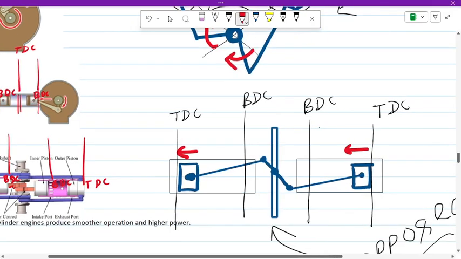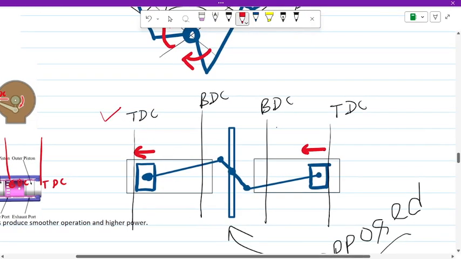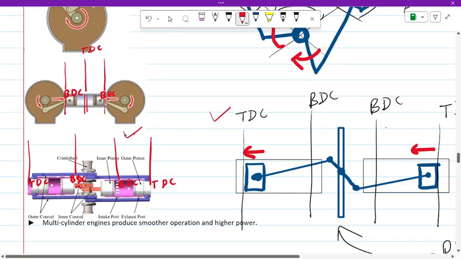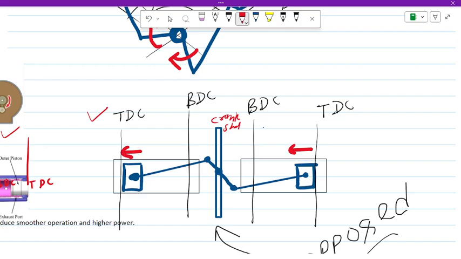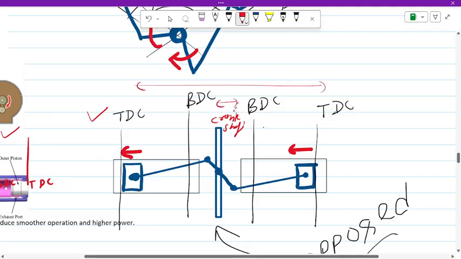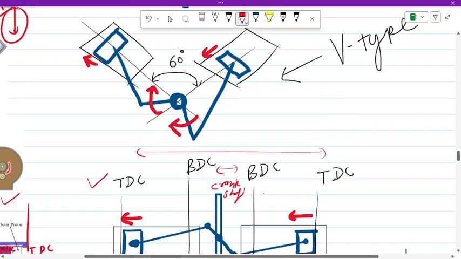So you can draw diagrams like this, a 3D kind of diagram. There is a crankshaft, but you can see the BDC are near to each other, but TDC are far away from each other.